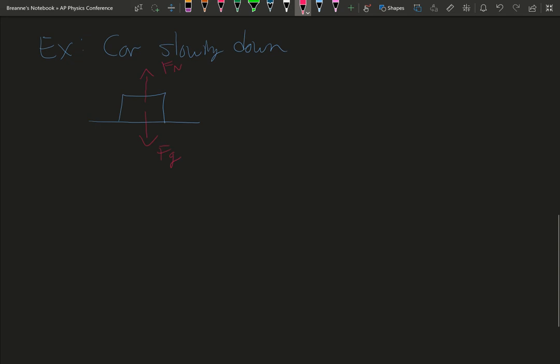And cars normally don't float. They're getting there, trying to get them to hover, but your force of gravity and your force of normal, so your net force in the y direction would equal 0.